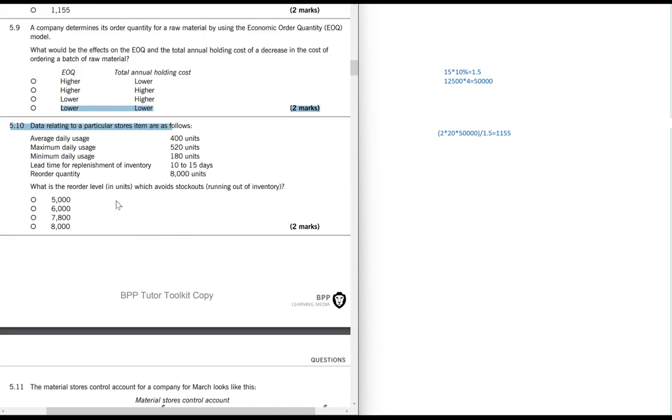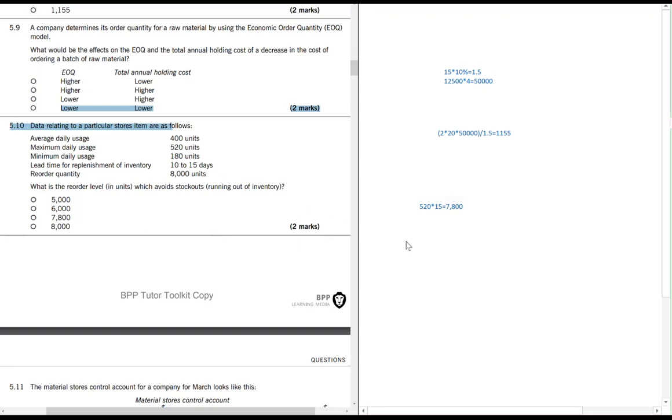What is the reorder level in units which avoids stockout? So reorder level, remember, is maximum usage multiplied by maximum time, which in this case is 520 multiplied by 15, which is 7,800.